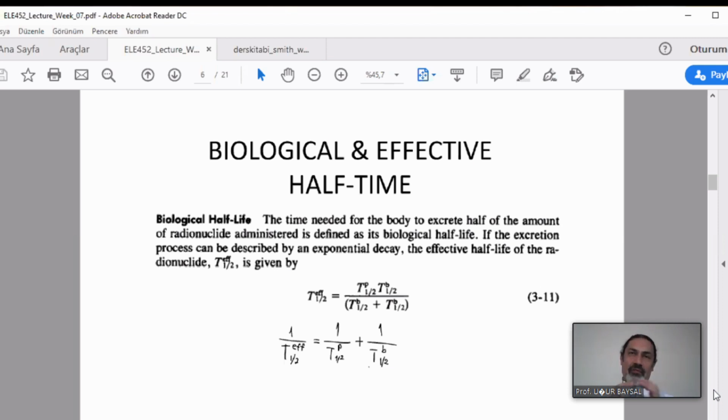So you give a concentration of radioactive material to the body with some decays per second, and biologically it starts gathering in that organ. After some peak time, due to biological half-time, the concentration in that organ decreases chemically.